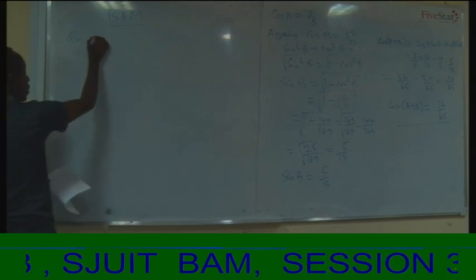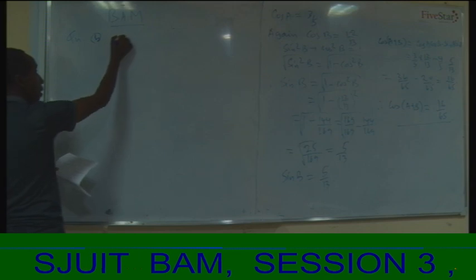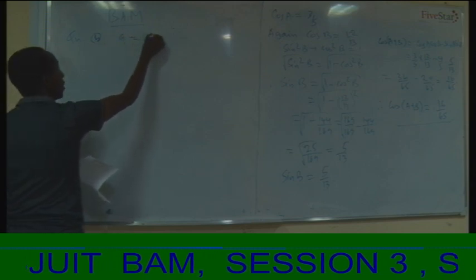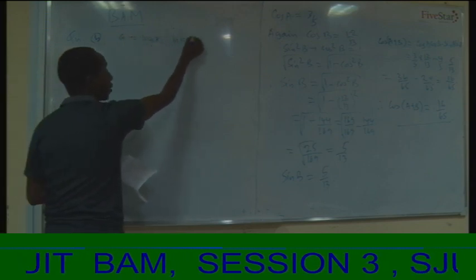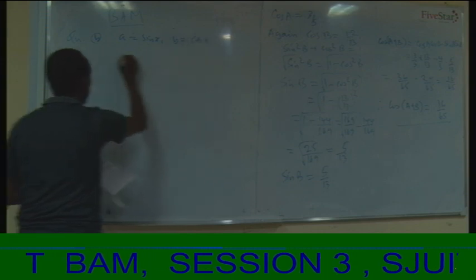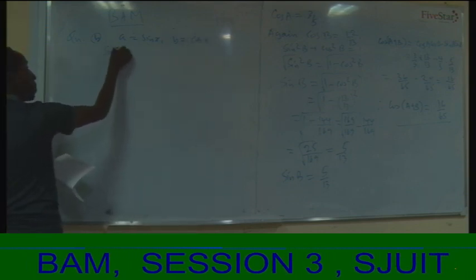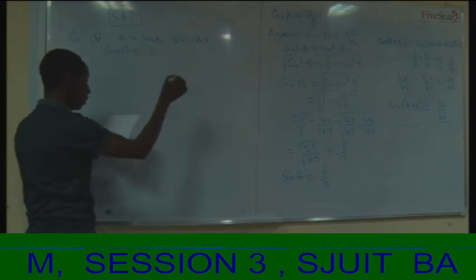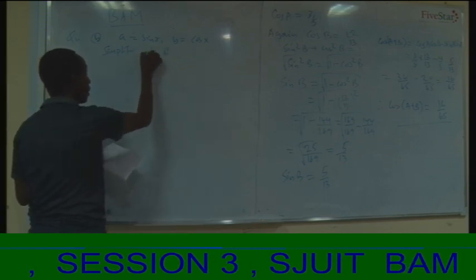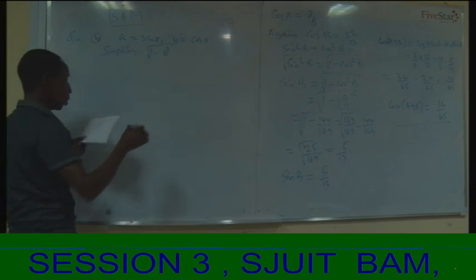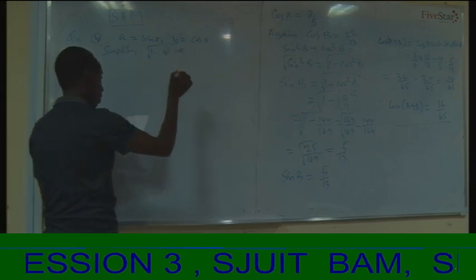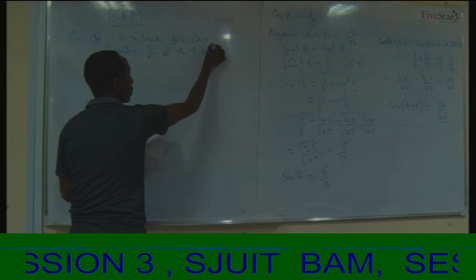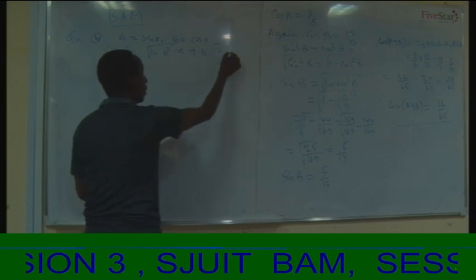We are given that this is part B. We are given that A equals sine x and B equals cos x. We are asked to simplify the expression: square root of 1 minus B squared, times A plus B times square root of 1 minus A squared.